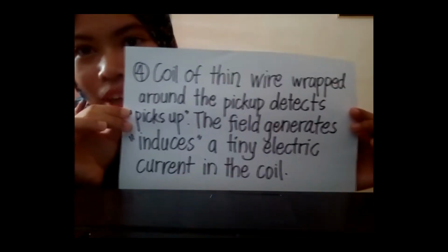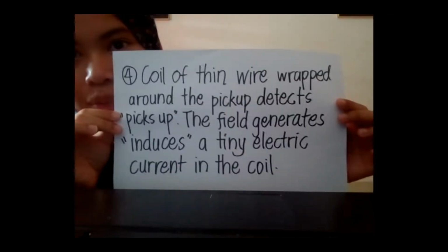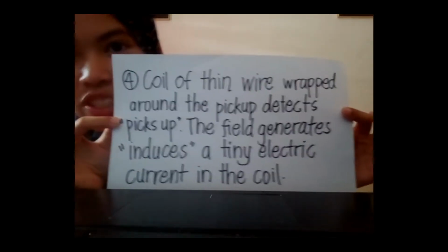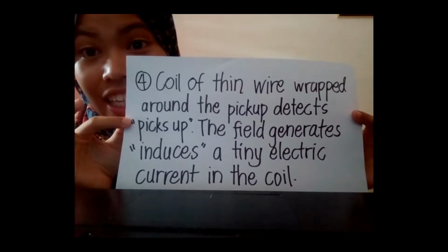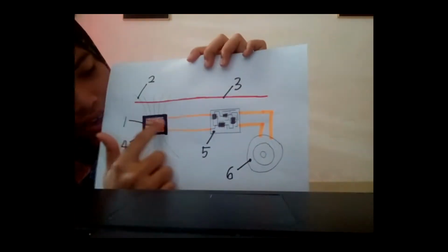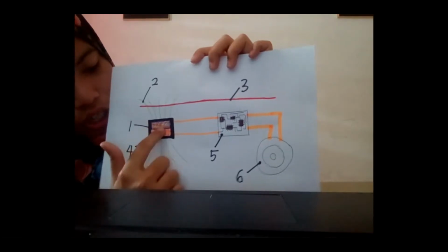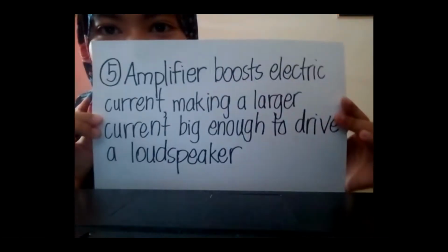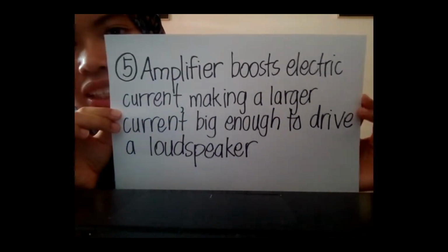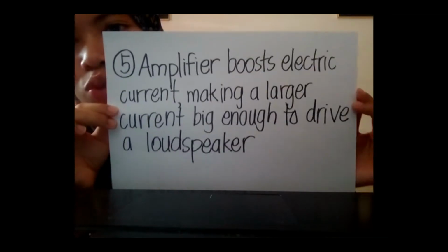Fourth, the thin wire wrapped around the pickup detects the changing field and induces a tiny electric current in the coil. So this one, which is in orange color, is the coil of tiny wire. Fifth, the amplifier boosts the electric current, making a larger current big enough to drive a loudspeaker.